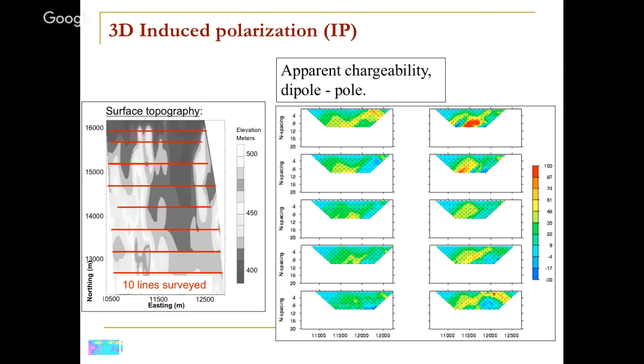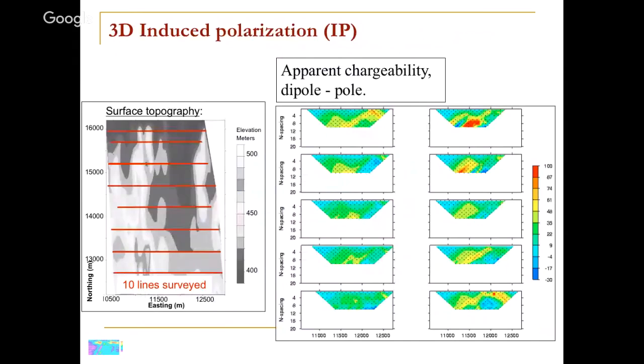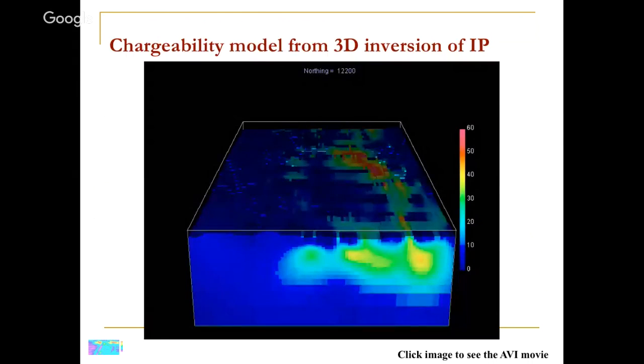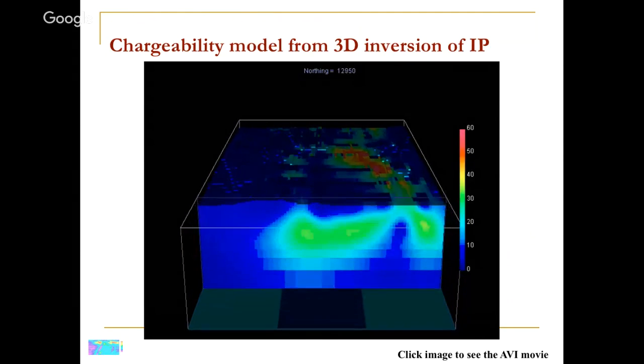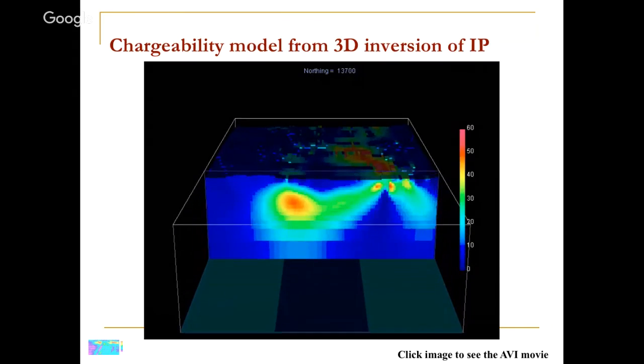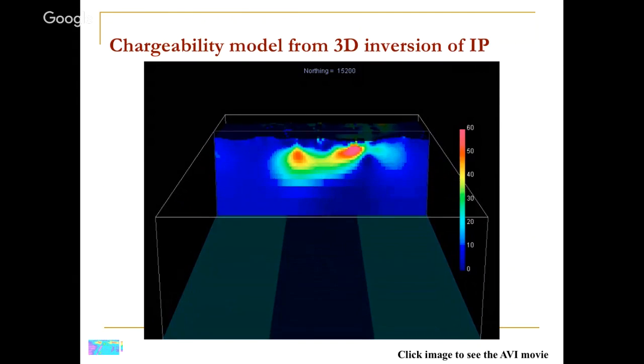So again, this was a dipole-pole. Guess I don't have the other one. And then we did the reverse, the pole-dipole. So now it's the same block, and we can do the same slicing.